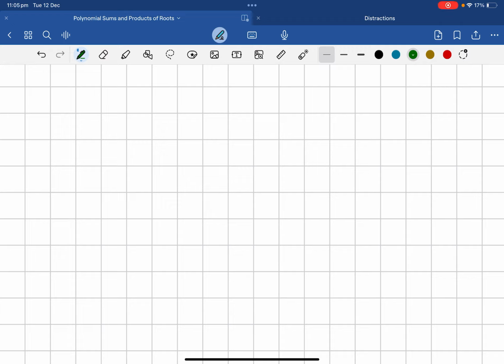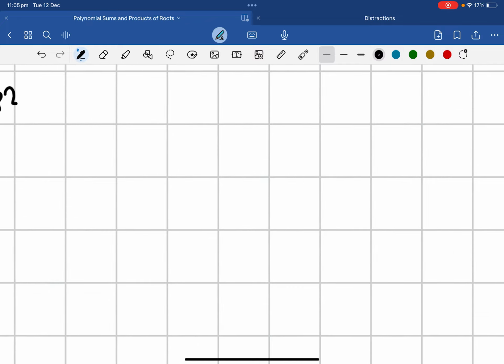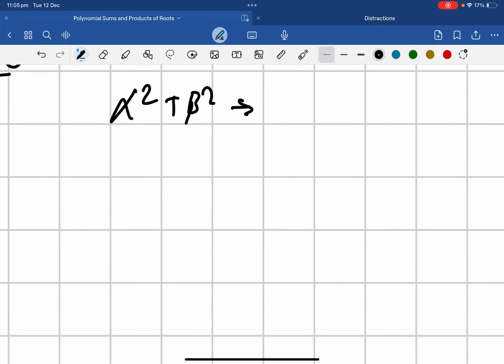Now, we're going to be looking at some identities, because identities is where it gets fun. Okay? So let's look at identity number 1. Identity number 1 is alpha squared plus beta squared. So when they give you this, what do you do?